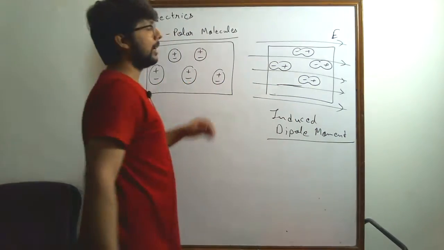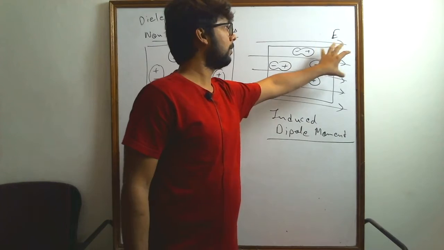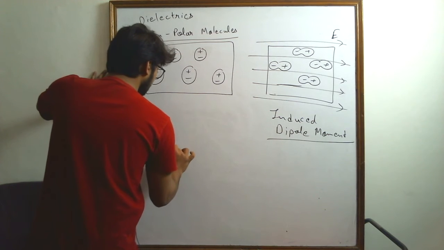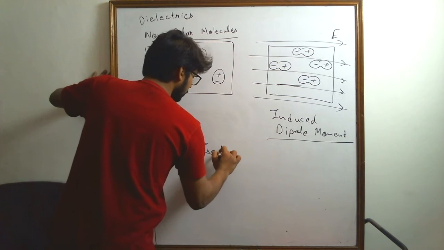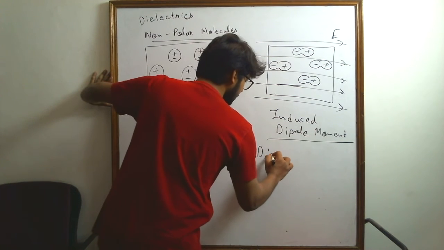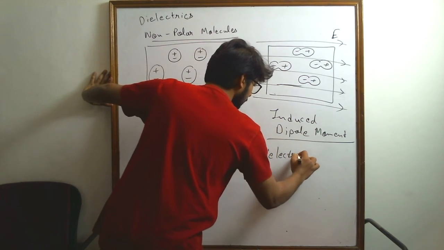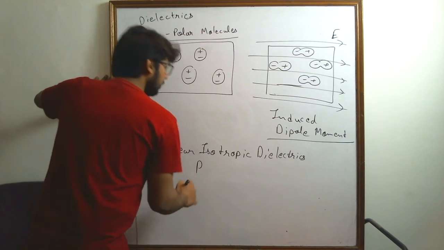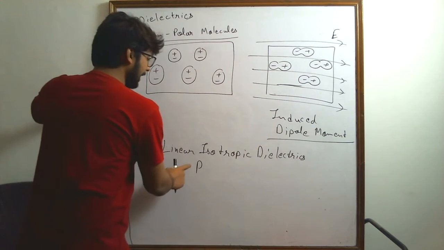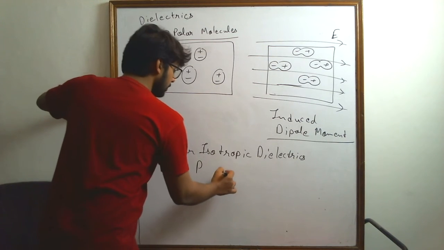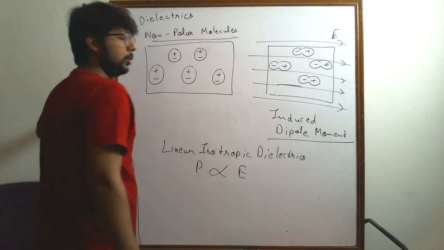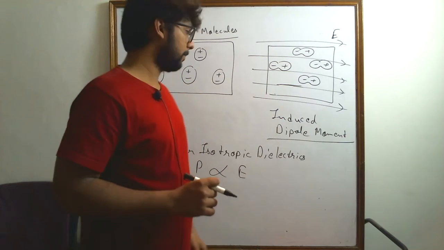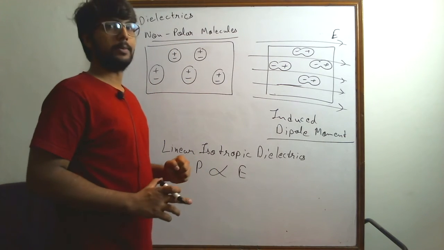So those kinds of cases are called linear isotropic dielectrics, and in these the induced dipole moment is directly proportional to the external electric field.